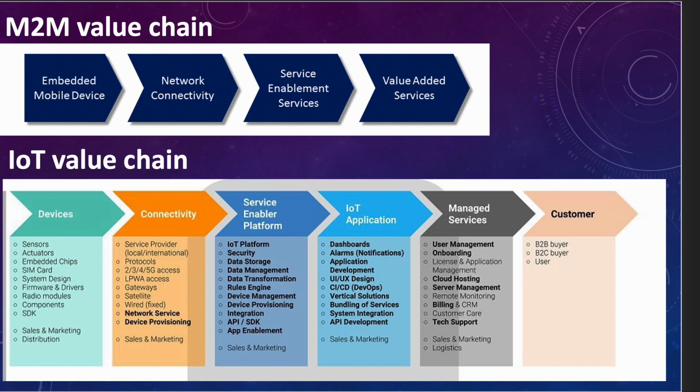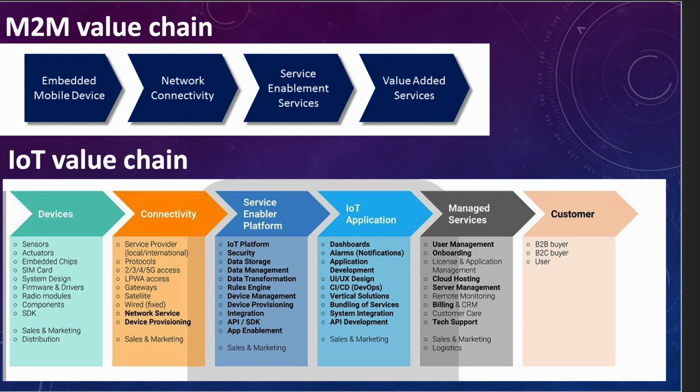When coming into value chains, we talked about the different main links that are there: the devices, the connectivity, service enablers, IoT applications, managing IoT services, and the customer are the main parts of the IoT value chain. Then we understood that different companies are there in this value chain creating value.